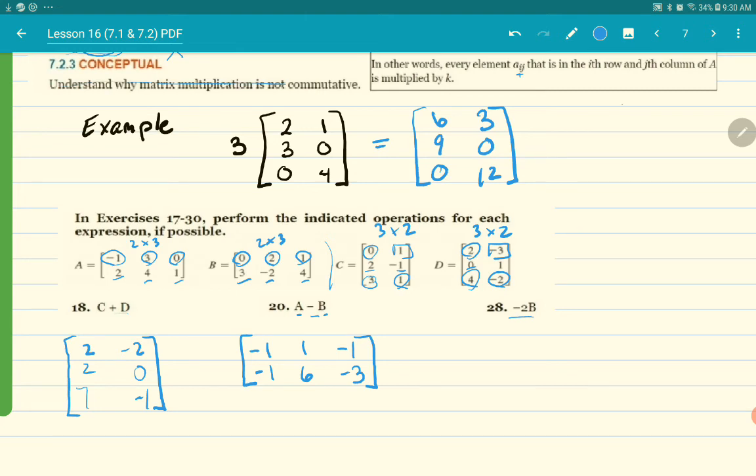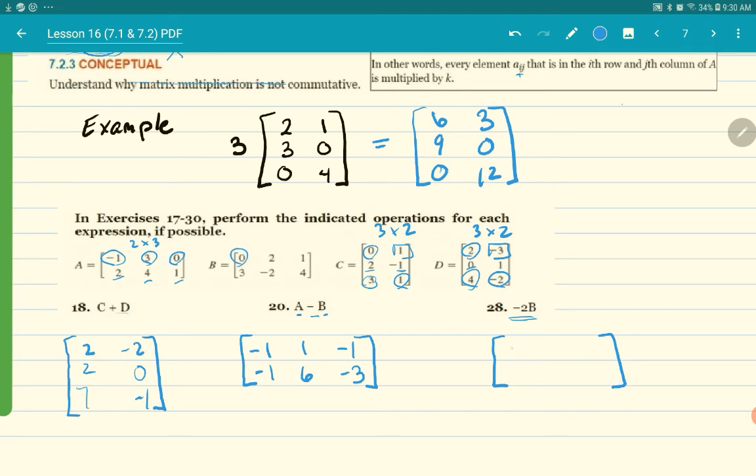And for 28, we're looking at negative 2 times B, so I'll erase my marks on B. I can do scalar multiplication to any size matrix, so I'm not concerned about the size, but I'll end up with the same size. So if I start with a 2 by 3, then I will end with a 2 by 3. So multiplying each element by negative 2.